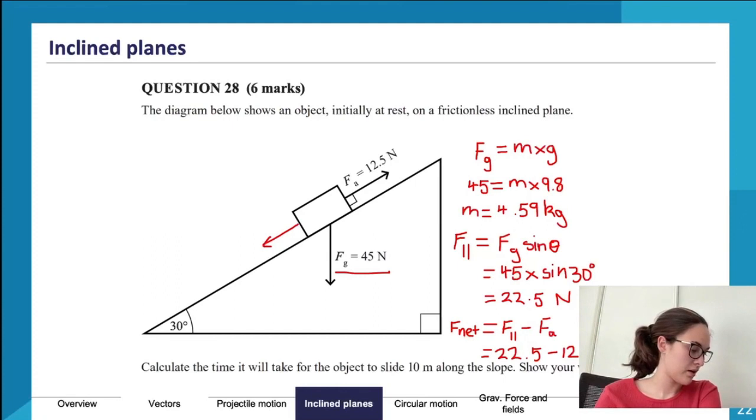Now we need to use what we calculated there to find the acceleration. So we're going to use F is equal to ma to find the acceleration. Do we have the mass?